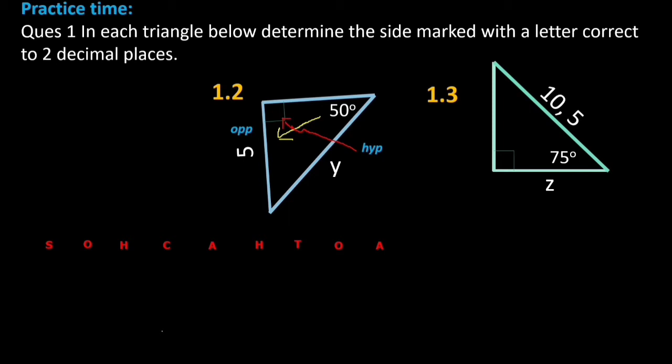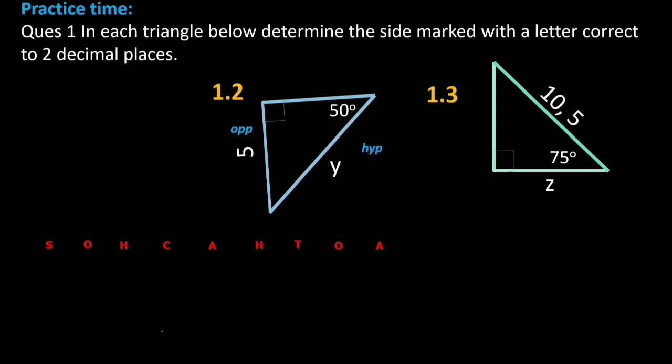So let's use the sine function because it works with the opposite side divided by the hypotenuse side. So the sine of 50 degrees is going to be equal to 5 divided by y.